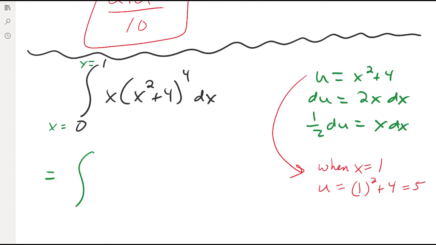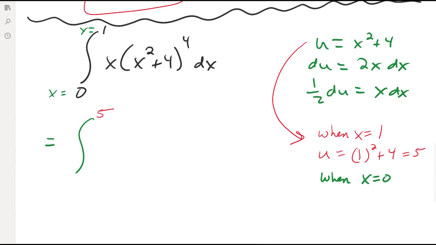So if we're working strictly with u's, the upper bound in terms of u is 5. What about when x is 0? That's our lower bound. When x is 0, plug that into the u equation. So u would be 0 squared plus 4, which equals 4. So in terms of u, our bounds actually go from 4 to 5.